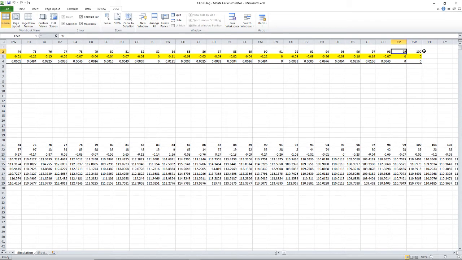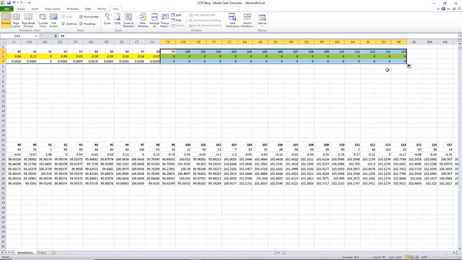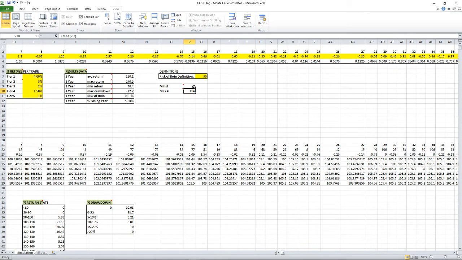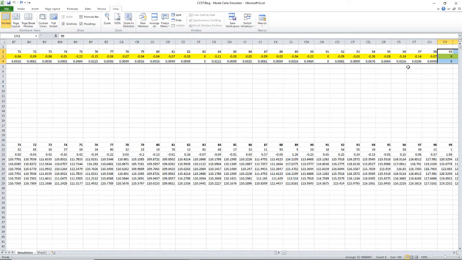I can always increase that by grabbing here and increasing that. Let's say I now have 114 results that I can plug into the simulator, and you'll see that change to 114. So that is that, and hopefully that makes sense.